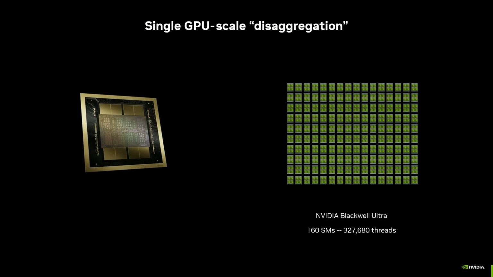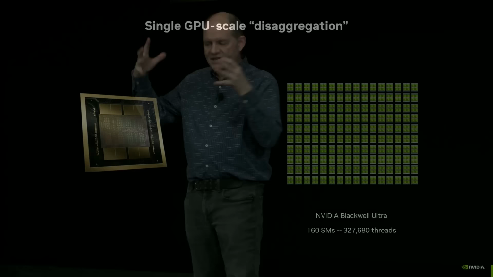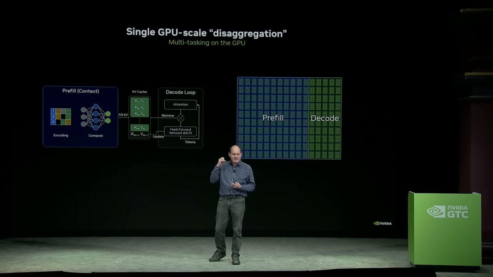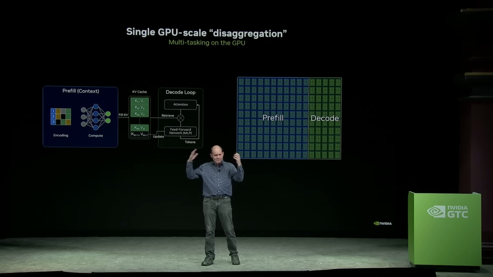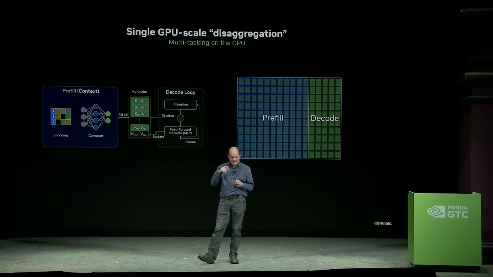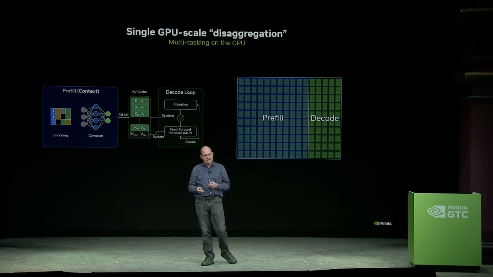So let's bring this back to the single GPU. Because, as I said, the single GPU itself is a massive system of 160 SMs. And I can think about this in the same kind of way. I can think about how to take this GPU with teraflops of performance, hundreds of SMs and hundreds of thousands of threads.